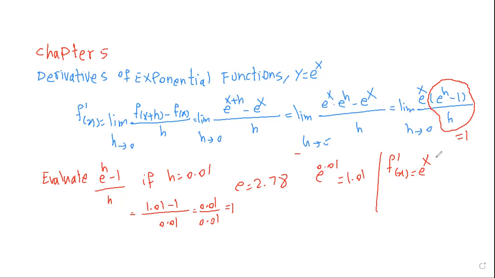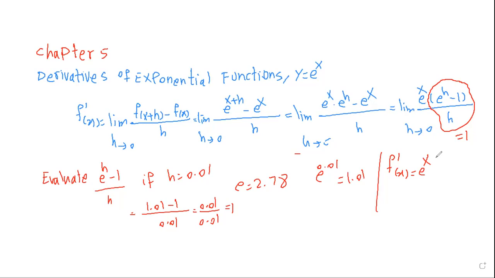Then the limit, e^x, I expanded, yeah? e^x minus e^x over h. Then if I factor e to power x, e to power h minus 1 over h as h approaches 0, then we evaluate for h 0.01, then the whole fraction, e to power h minus 1 over h is what? 1.